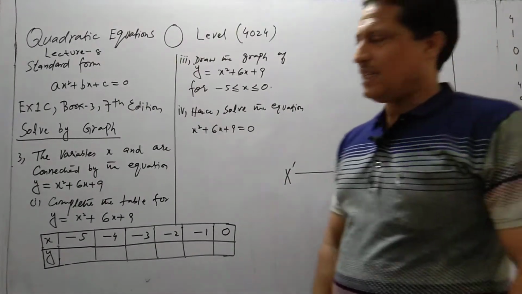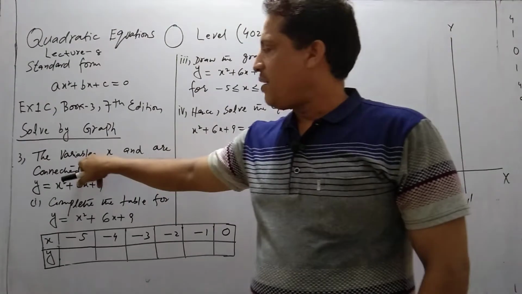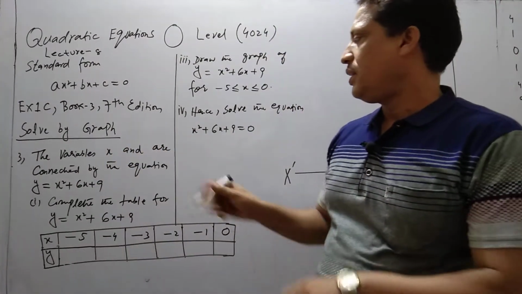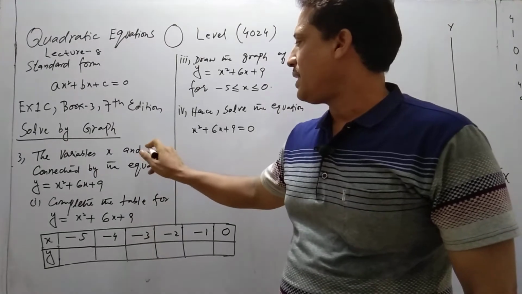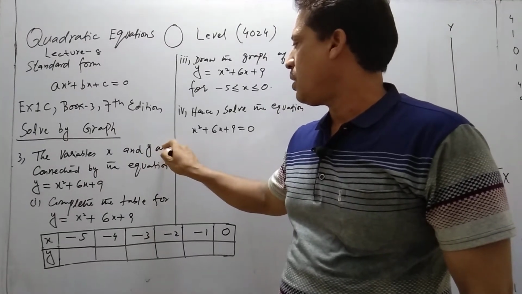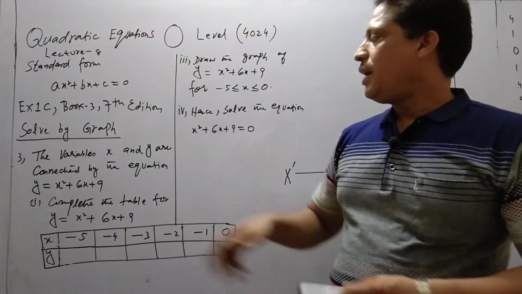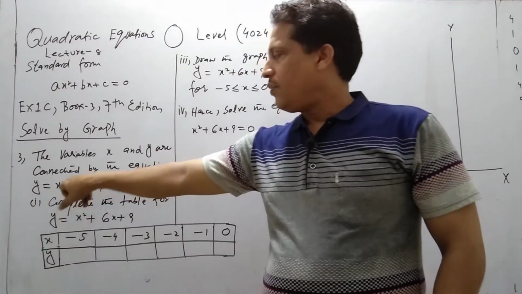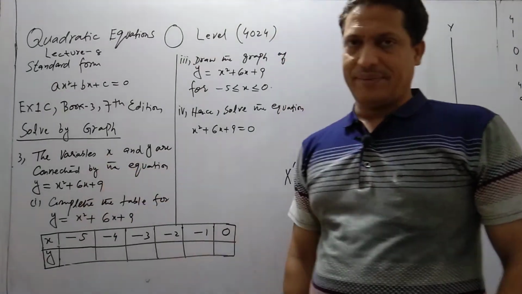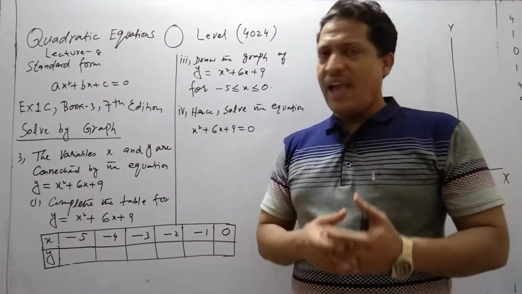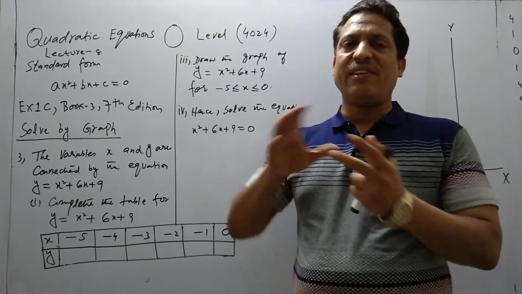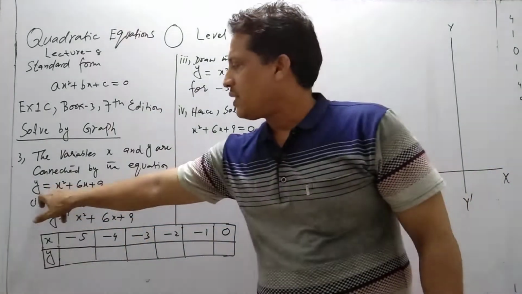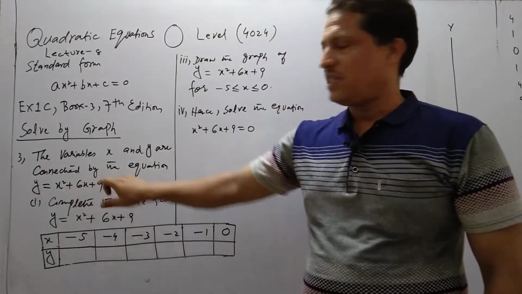Question number 3: the variables x and y are connected by the graph y = x² + 6x + 9. We have been given the relation between y and x in the form of a quadratic equation, y = x² + 6x + 9.